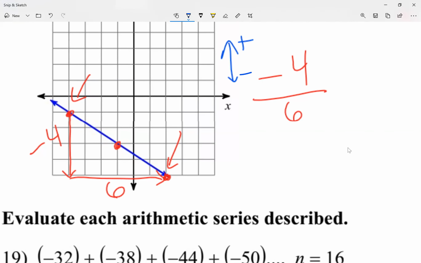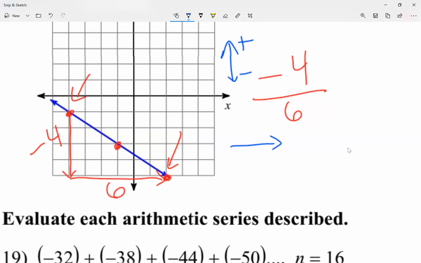Up if it's positive, down if it's negative. My number at the bottom tells me right or left. To the right if it's positive, or to the left if it's negative. So that's why I said my slope here says 4 down, 6 to the right.